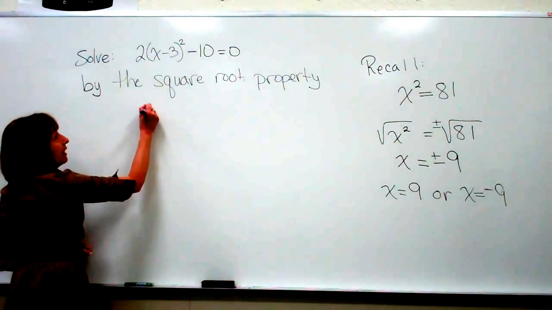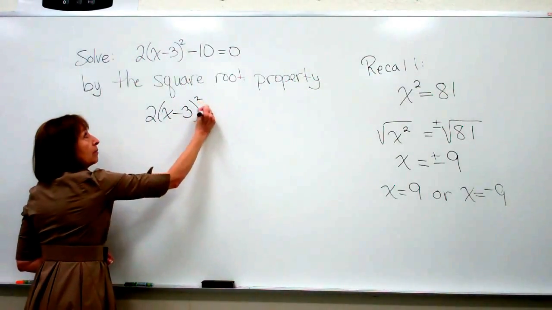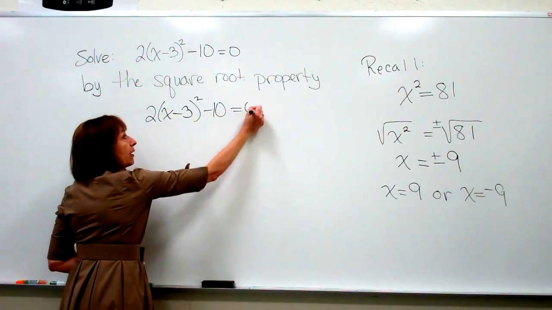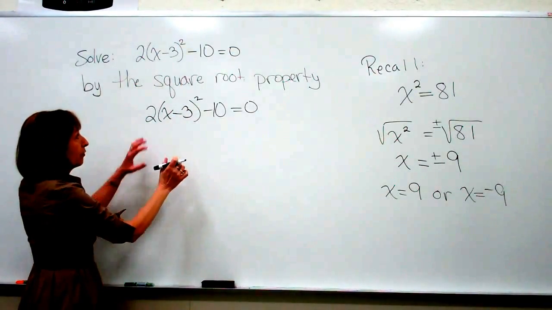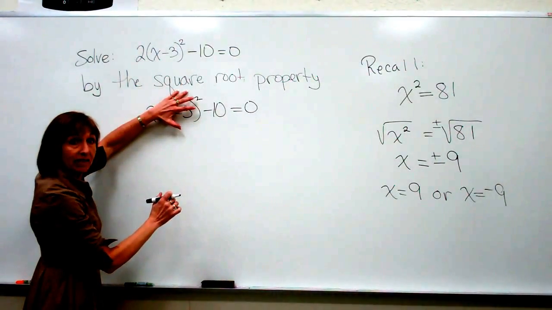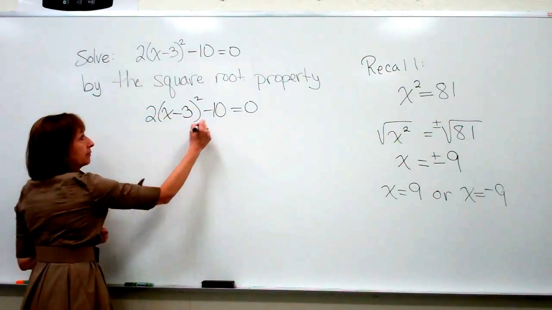So we'll start by taking our 2 times the quantity x minus 3 squared minus 10 is equal to 0. And I want to isolate this x minus 3 quantity squared. So first I need to isolate the term that includes that quantity. So we're going to add 10 to both sides.